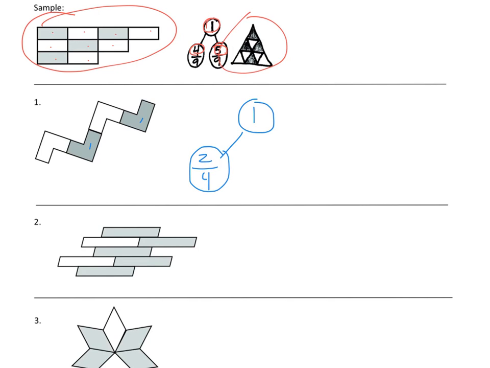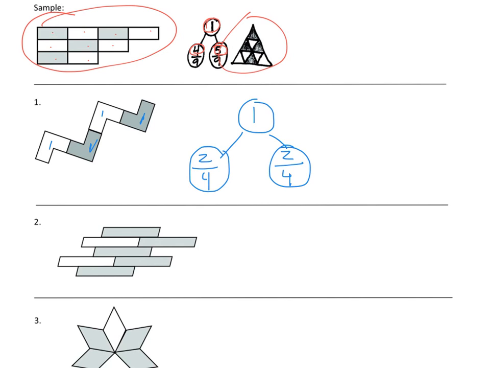And I could leave it as 2/4. I'm going to now, but we'll talk about what we could change that to in just a second. Now for the unshaded piece, I have 1, 2 out of the 4. And together that makes 4/4, which is one whole. 2/4 could go to 1/2, but I'm going to leave it as 2/4 to show that there are 2 shaded.